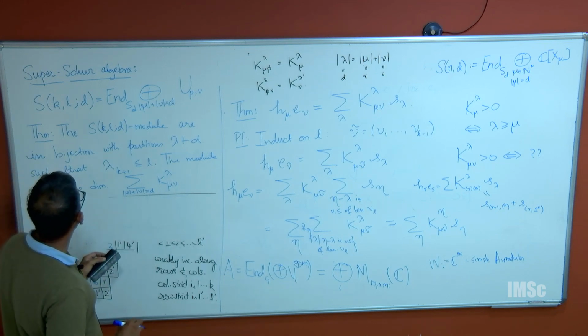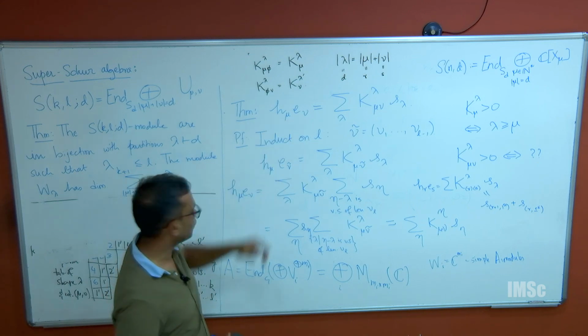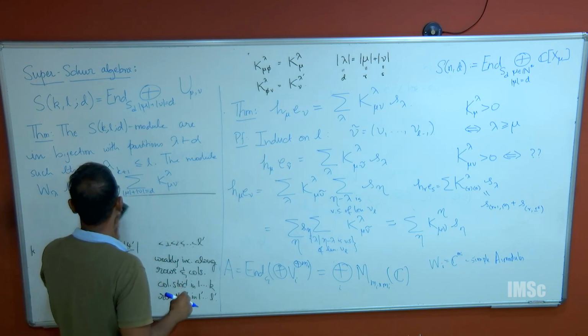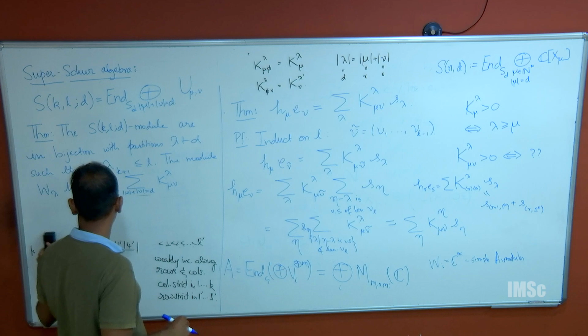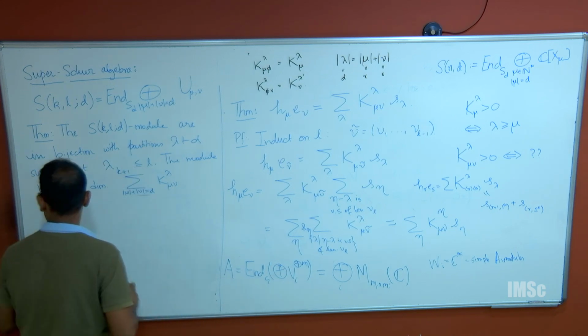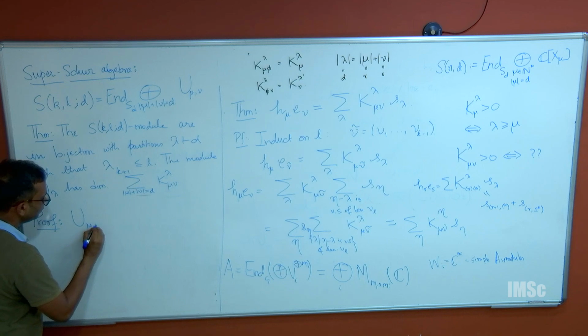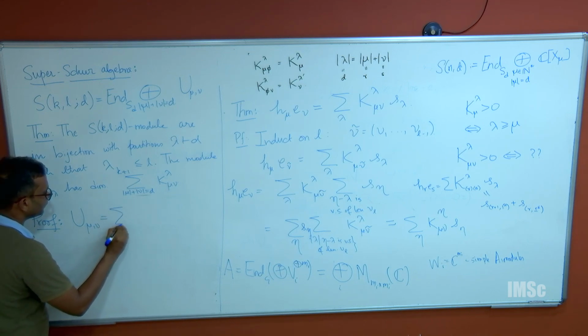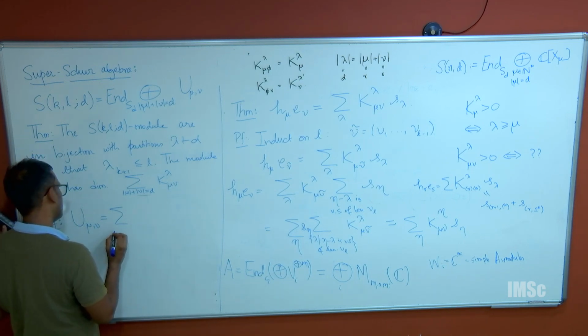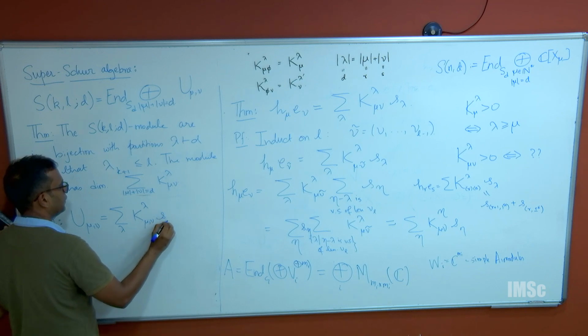Well, this follows essentially from this statement here, because what we are saying from that statement is that U mu nu as a representation of ST has decomposition k lambda mu nu S lambda.